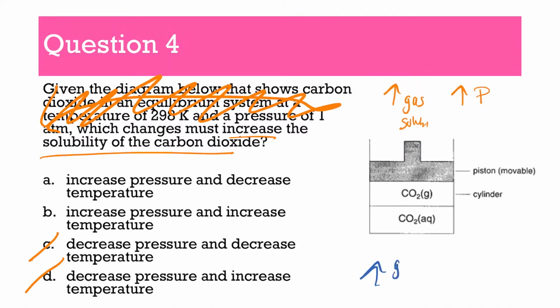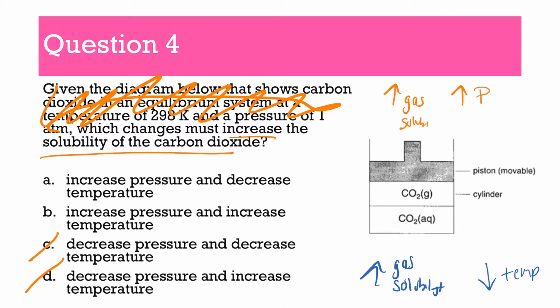And then if we're talking about temperature, we still want to increase that gas solubility. Think about a can of soda. What has more bubbles in it? Every time you sip, you have more bubbles, cold soda or warm soda? You should think cold soda. So you want to decrease that temperature. The colder something is, the more gas that is dissolved.